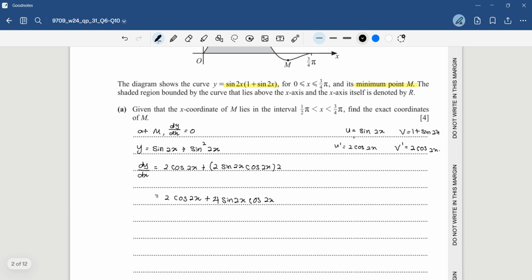Then you do u v prime plus v u prime, and you should get the same answer as this, 2 cos 2x plus 4 sine 2x cos 2x.